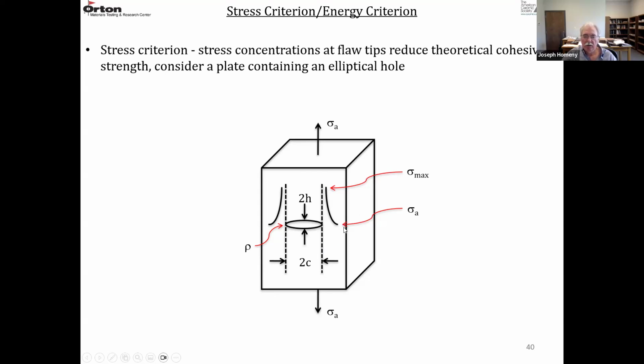And if we look at the stress profile, at the outer surface, we have sigma A, but as we approach the tip of this ellipse, the stress is concentrated and it reaches some value sigma max.